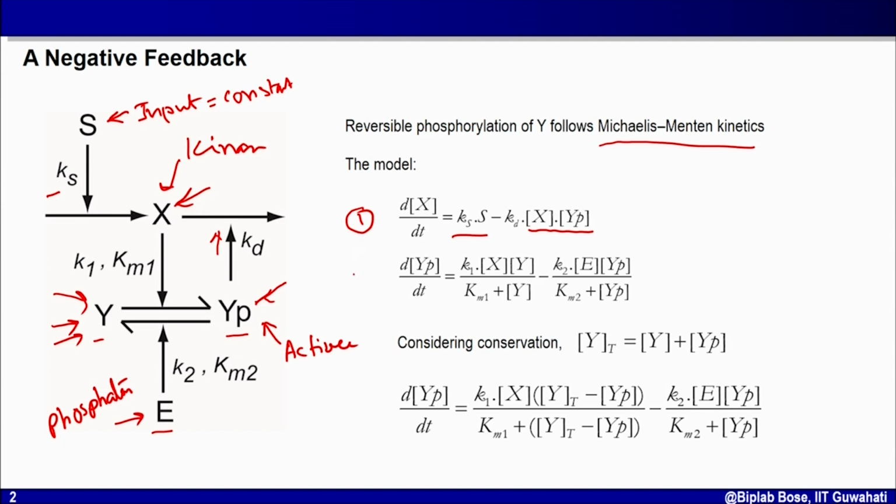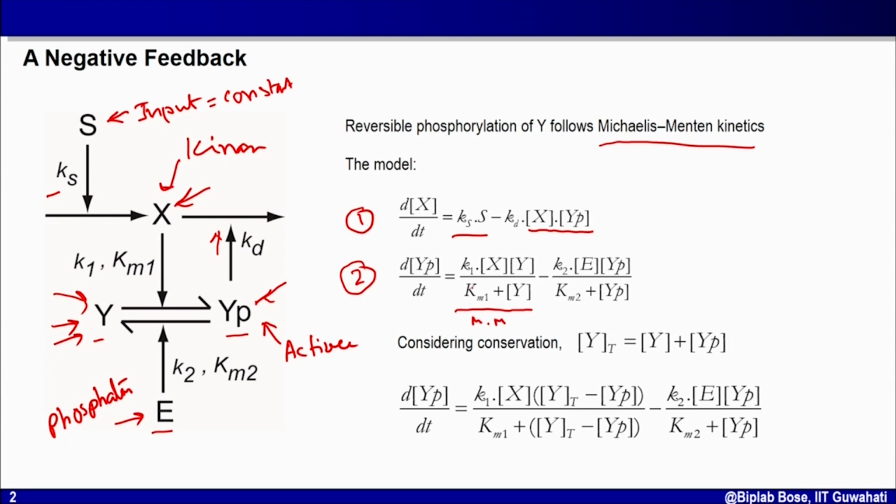Now the second ODE is for YP, that is dYP/dt is equal to, remember I have considered this Y to YP change as a reversible reaction following Michaelis-Menten kinetics. So the forward one from Y to YP will follow Michaelis-Menten and YP to Y will also follow Michaelis-Menten. So the first one I have here follows Michaelis-Menten kinetics.